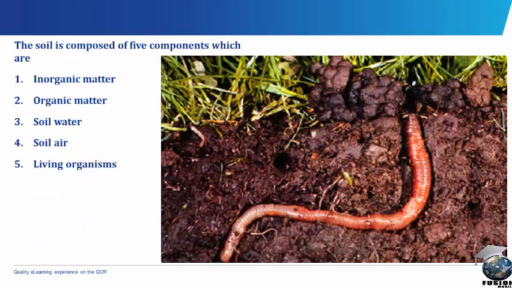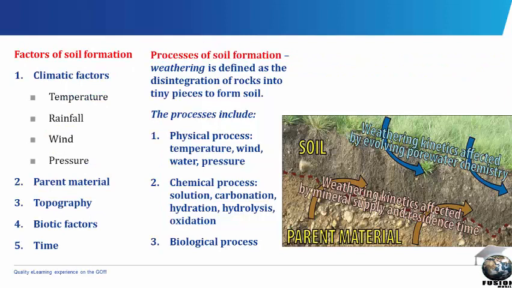Biological processes. Biological processes involve the activities of plants and animals in the breaking down of rocks to form soil. It is caused by the action of animals like earthworms, termites, and other soil organisms. Movements of these organisms cause small fragments of rocks to disintegrate.